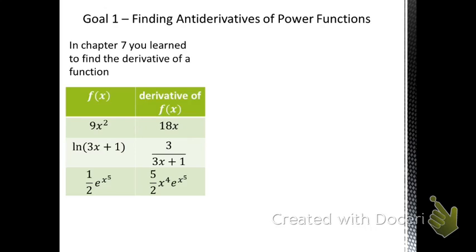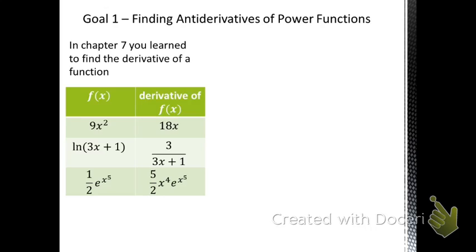You know how to use the chain rule to find the derivative of the natural log of 3x plus 1 and get 3 over 3x plus 1. You can confirm that. If you need to pause and make sure that's right, go ahead, but it is right. And then you would know how to use the chain rule again to find the derivative of that function in the last row to get this complicated looking derivative, but again, it's just a chain rule, pretty simple.